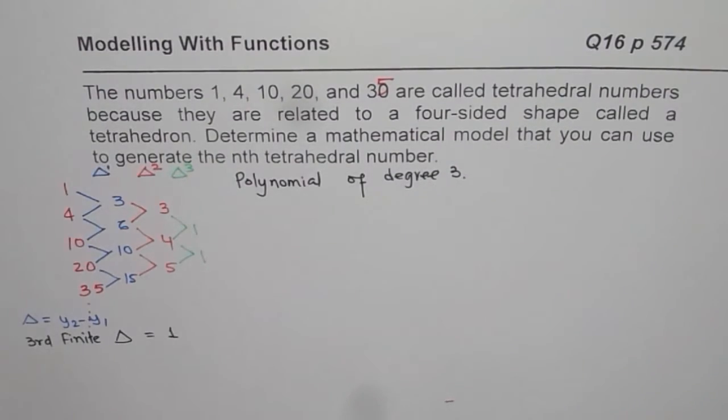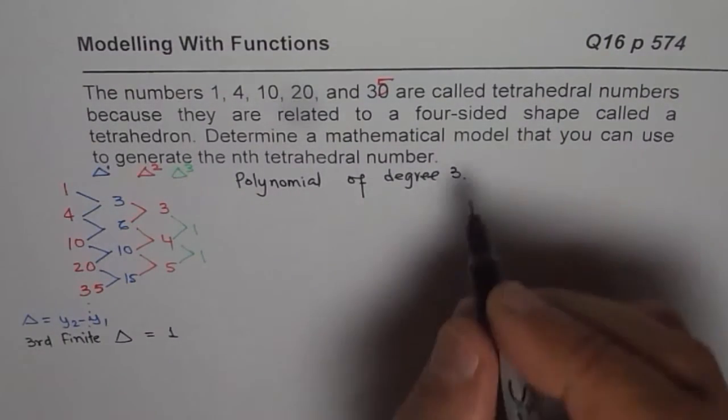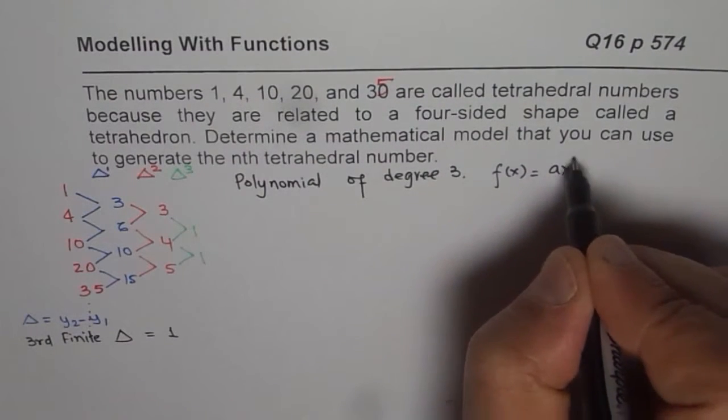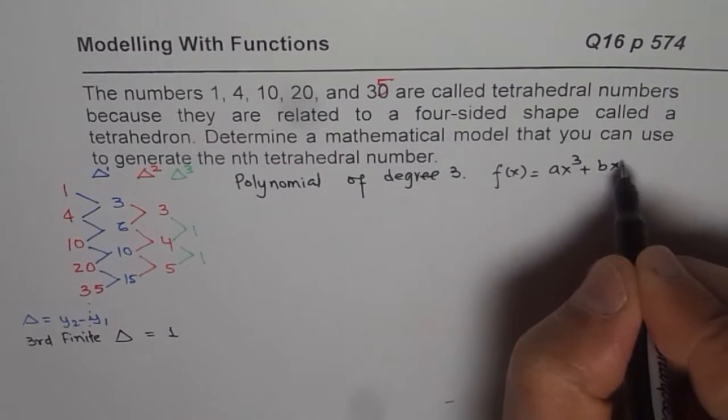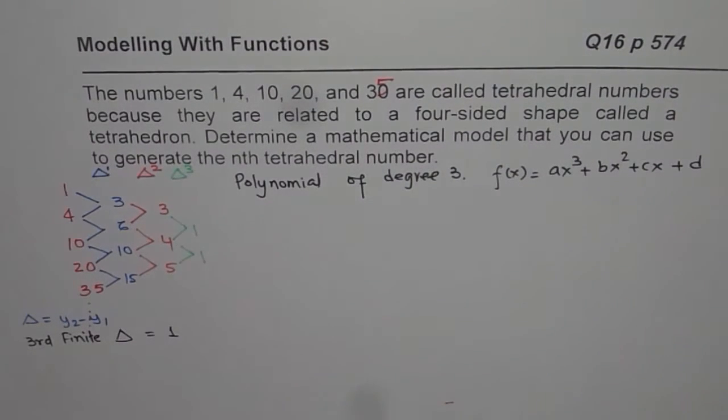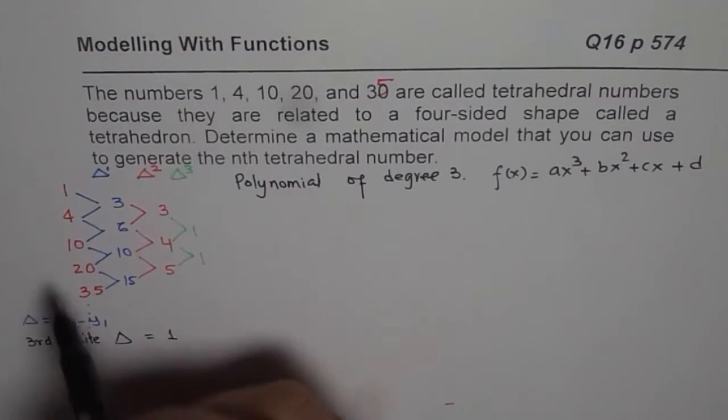Now that is one thing. In general, this polynomial could be written as f of x equals ax cubed plus bx squared plus cx plus d. That is the general equation of a polynomial of degree 3. Now we need to find the equation of this polynomial, which in itself is a big job, given these values.